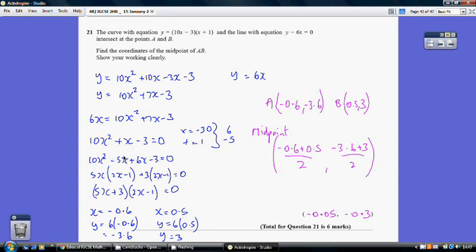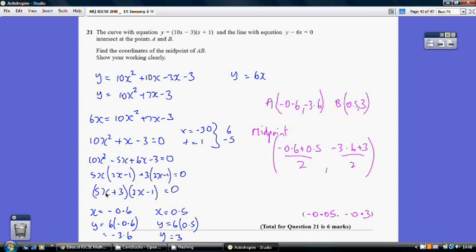I then fully factorise the first 2 terms, giving me 5x times 2x minus 1, and then I fully factorise terms 3 and 4, giving me 3 times 2x minus 1, note the repeated bracket. My pair of brackets to finish then is the 2 components that are not inside a bracket, the 5x plus 3, and the repeated bracket, the 2x minus 1.